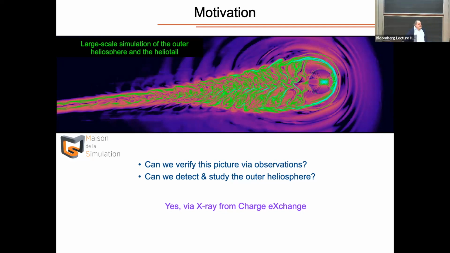And then the question arises, is it the right picture? Can we actually verify this picture? And the answer is no. Or practically no. We have one way of verifying it, by launching spacecraft from here. And these are two Voyagers. Voyager 1 went this way, Voyager 2 went that way. Voyager 1 is located about 150 AU.